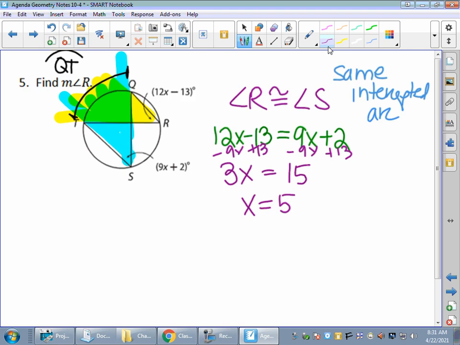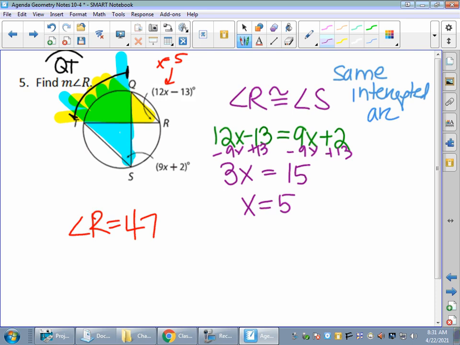So if x equals 5, we're not done with this problem, right? Because it does say that we need to find the measure of angle R. So angle R is going to be 12 times 5, which is 60, minus 3, which is going to be 57... I mean, 47, I think. What if I asked you for the measure of angle S?